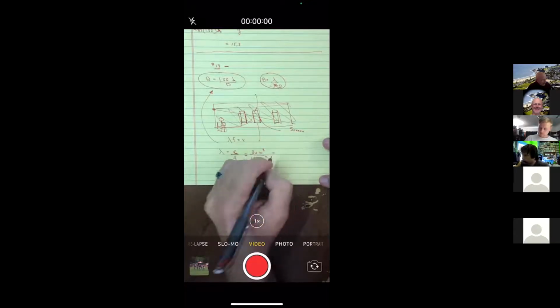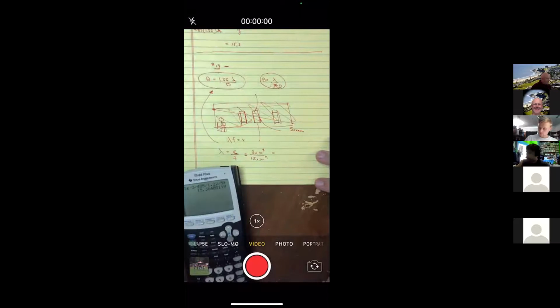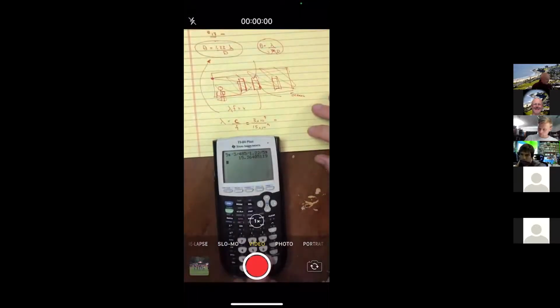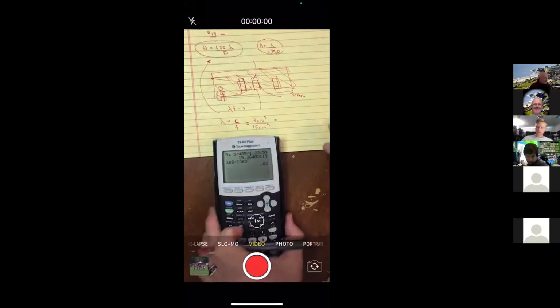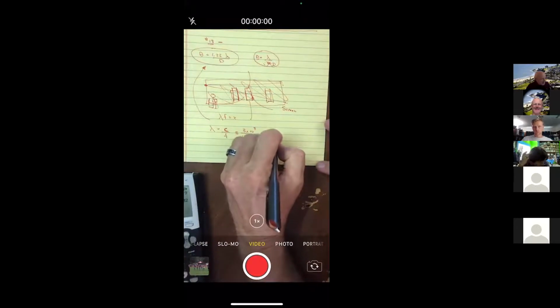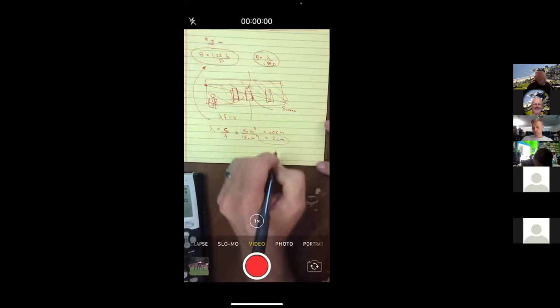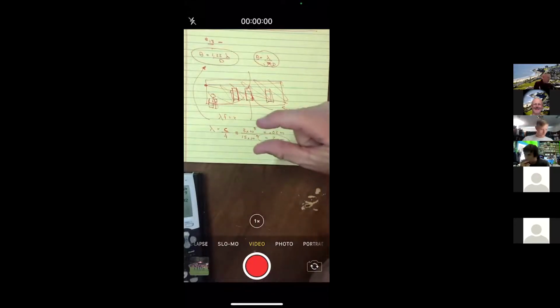Anyways, 15 gigahertz. So the wavelength on these, 3 times 10 to the 8th divided by 15 times 10 to the 9, so 0.02 meters or 2 centimeters. So these are only that big.